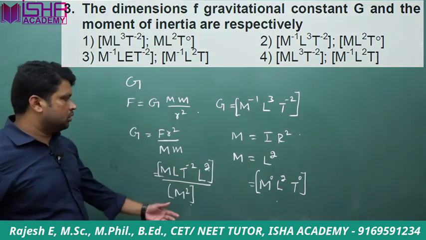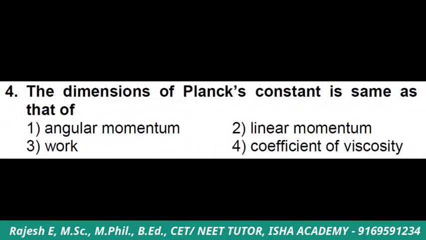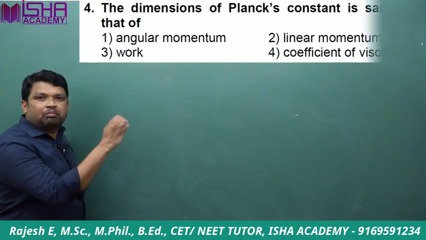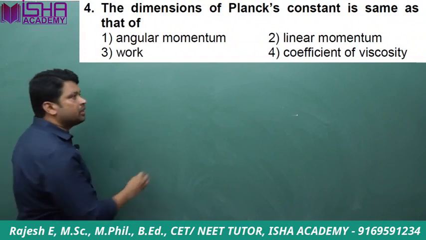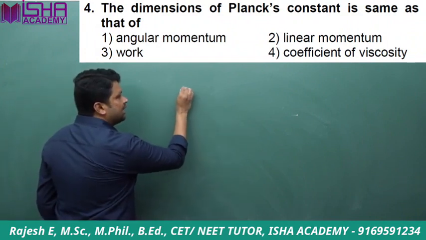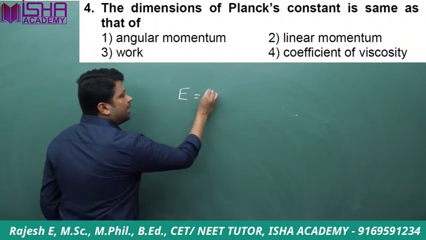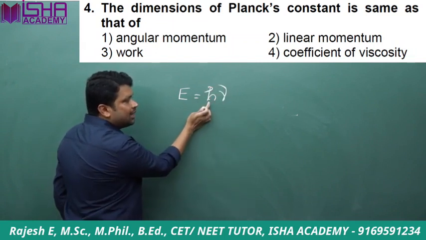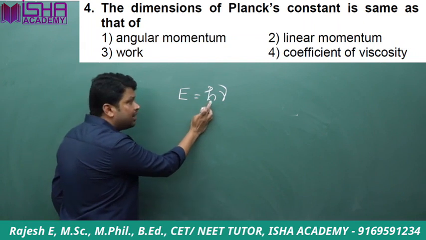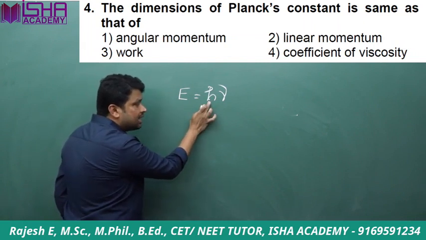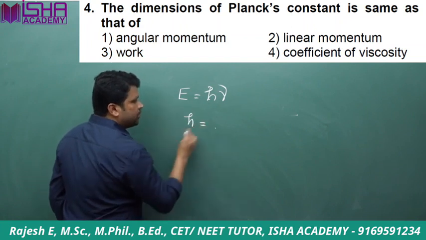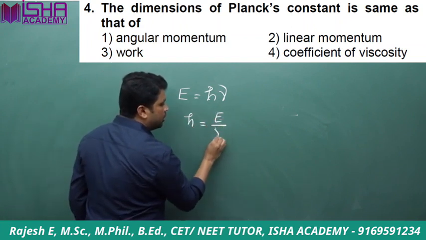Okay. Next question. In this question, we have to find out the dimension of Planck's constant, right? So the formula is energy equal to h nu, where nu is frequency and h is Planck's constant. We have to find the dimension of h. So h is equal to E divided by nu.